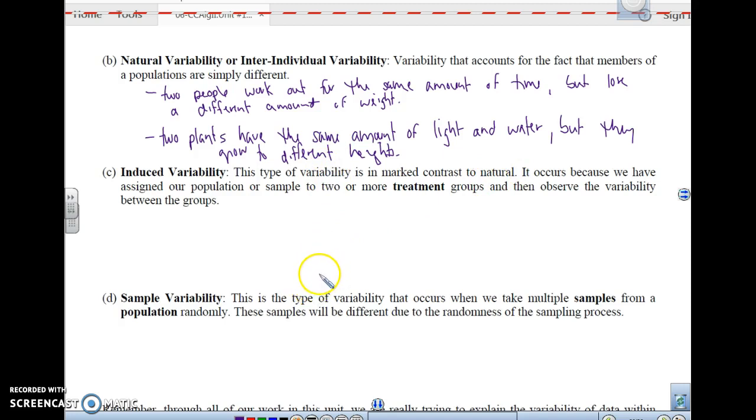All right, the third kind of variability is called induced variability. This type of variability is in marked contrast to natural. We're going to make something happen. It occurs because we have assigned our population or sample to two or more treatment groups and then observe the variability between the groups. Okay? So, for example, two groups are given a cholesterol drug and a placebo.